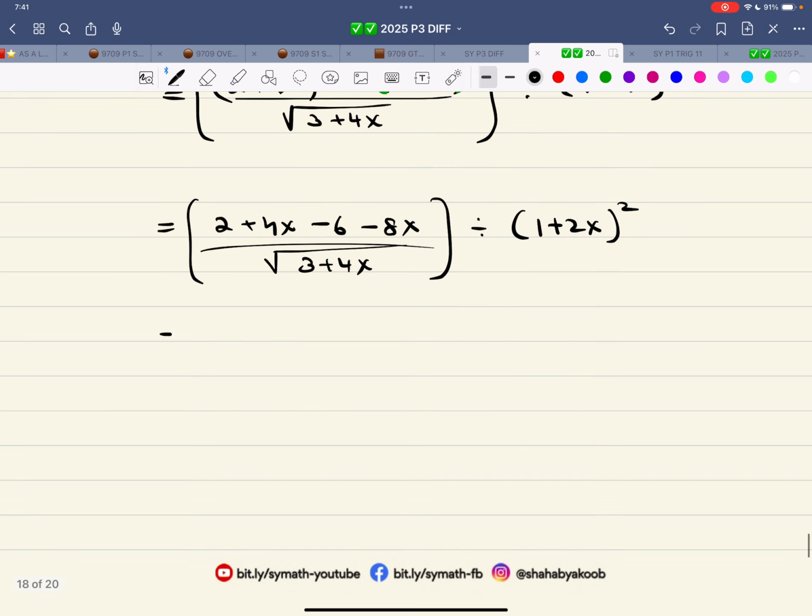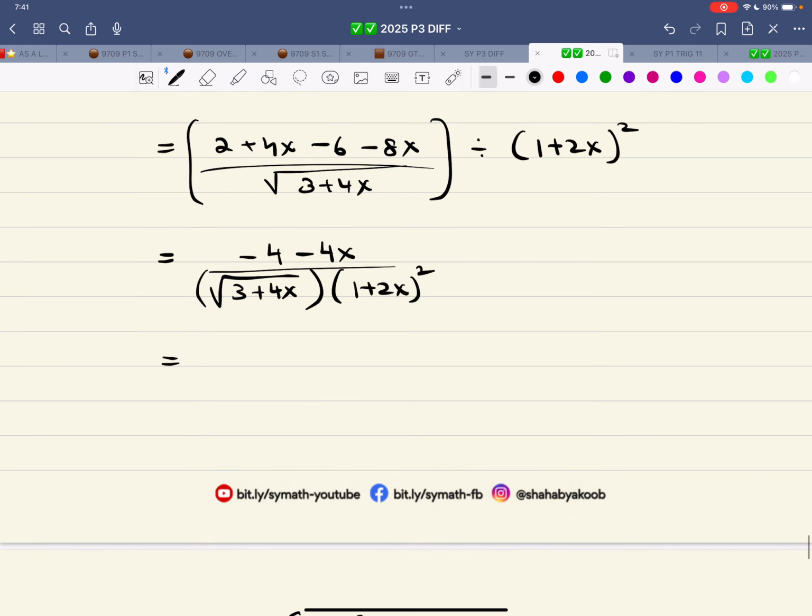So therefore 2 minus 6 is negative 4, minus 4x divided by 3 plus 4x square root bracket 1 plus 2x whole square. And therefore let me take negative 4 common out, 1 plus x divided by square root 3 plus 4x into 1 plus 2x whole square.